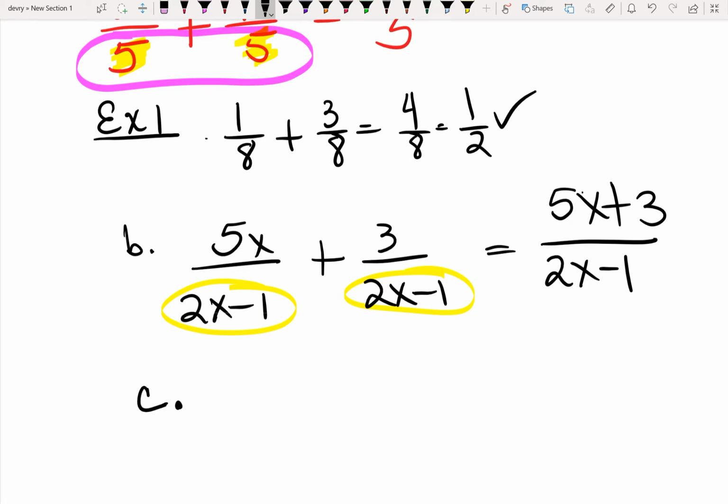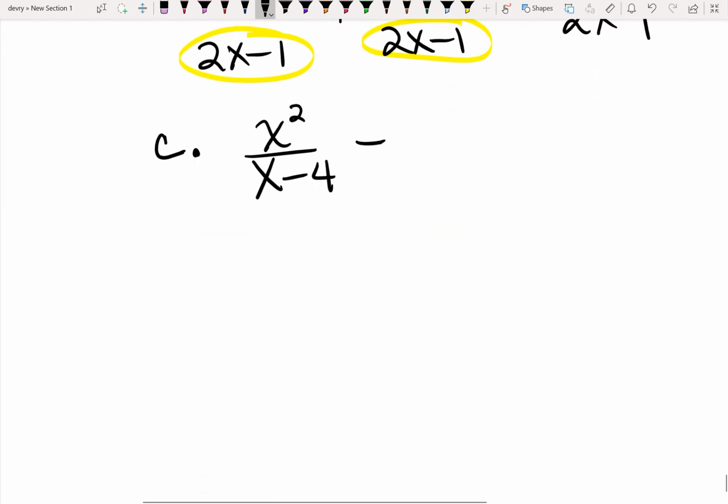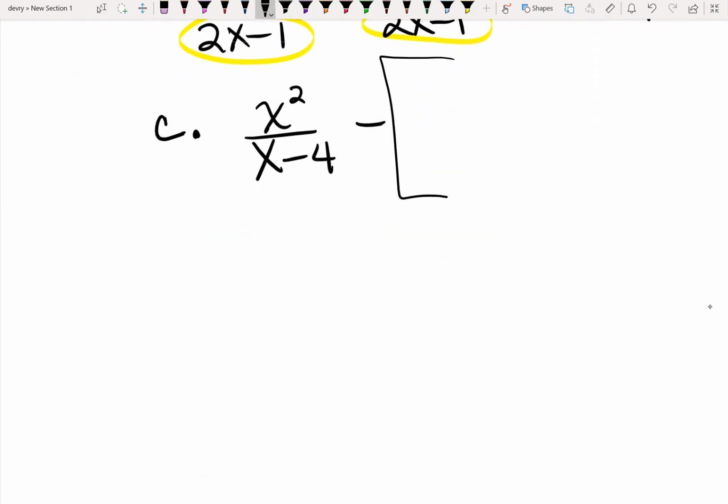For example C, here I have x squared over x minus 4 minus, and here's the thing. They don't put a bracket around this, but I want you to. I want you to put a bracket around the second fraction, which is x plus 12 over x minus 4.